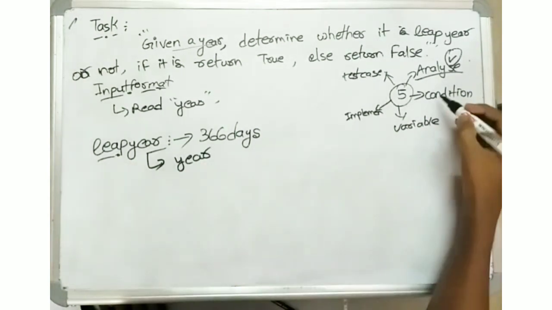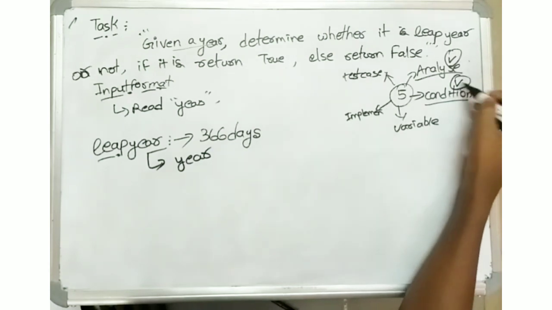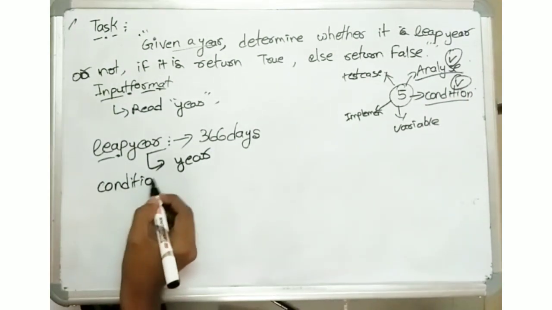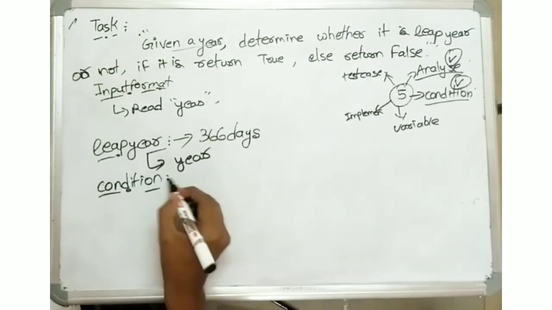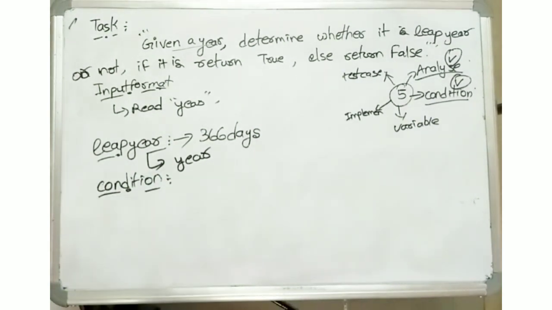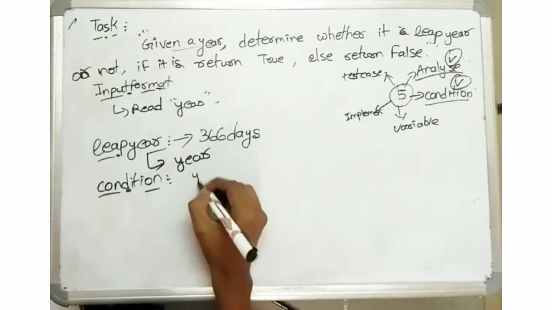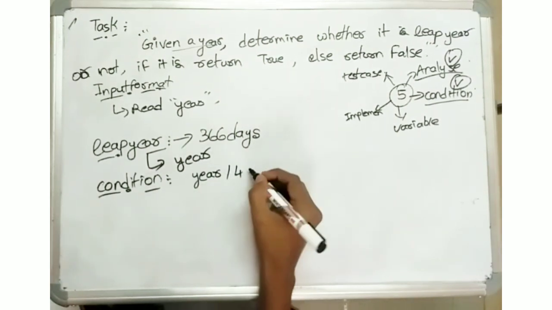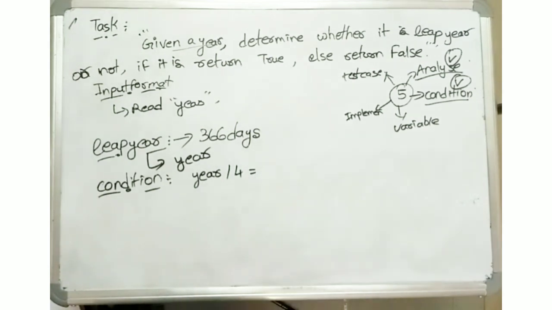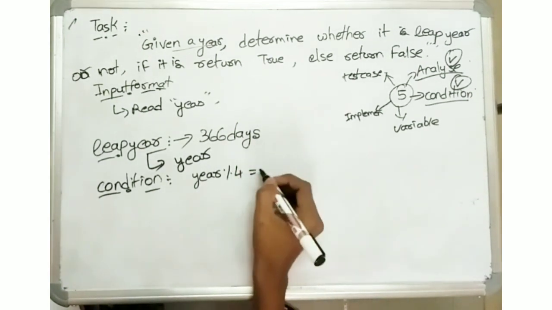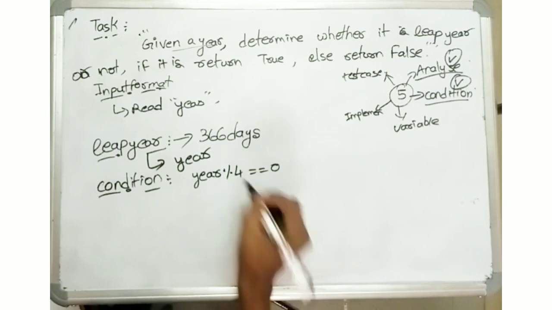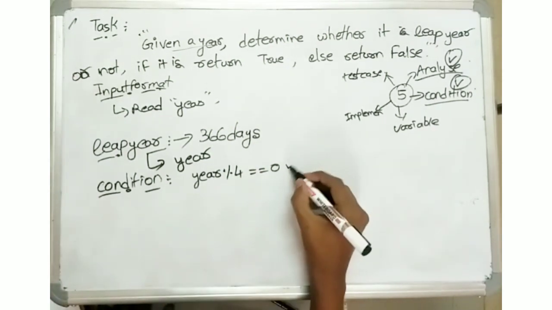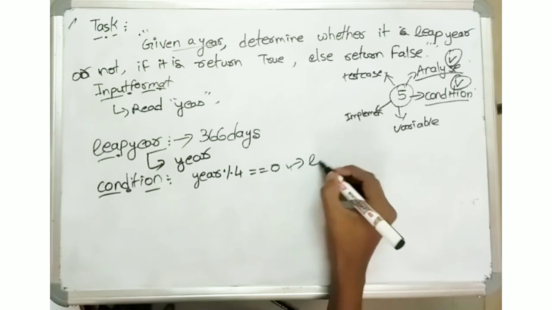And second, conditions. What are the conditions that we need to satisfy for leap year? Just tell me. First one is the year should be divisible by 4. Right. If that year is divisible by 4, then we can say it is a leap year.